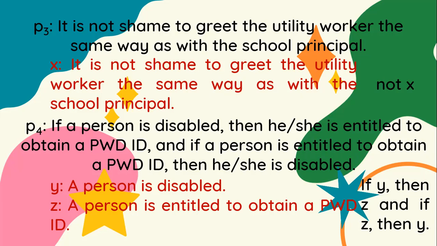For P sub 3, anak, the statement is given as is. When you give P sub 3 as it is a shame to greet the utility worker, it's just a simple proposition. It doesn't use a logical connector.